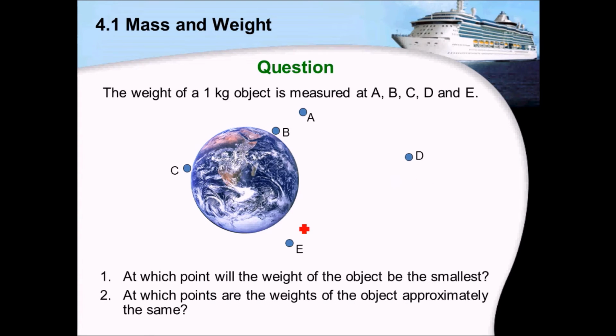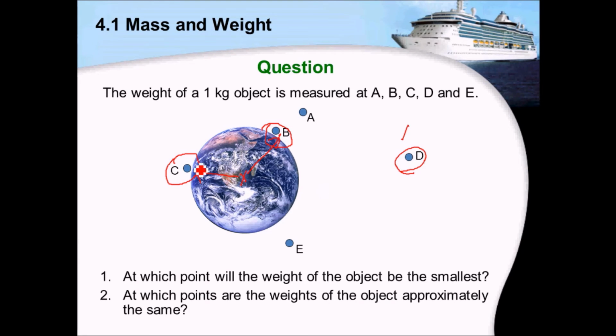Okay, I expect that you have already gotten the answer. For question 1, the answer is D. D is the smallest because it is the furthest away from Earth. The second answer is C and B, because they are both at the same distance from the center of the Earth, so they will have the same gravitational field strength.